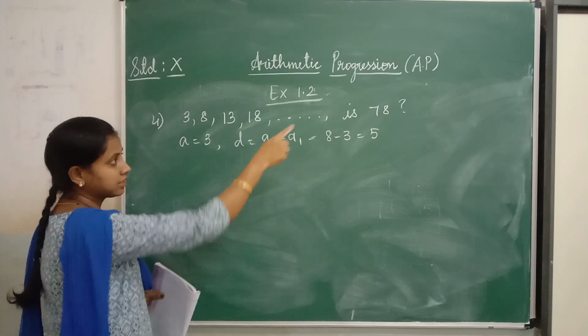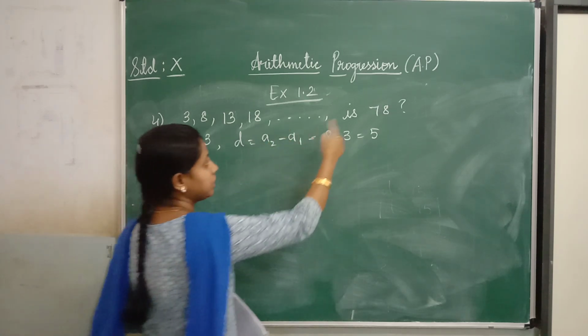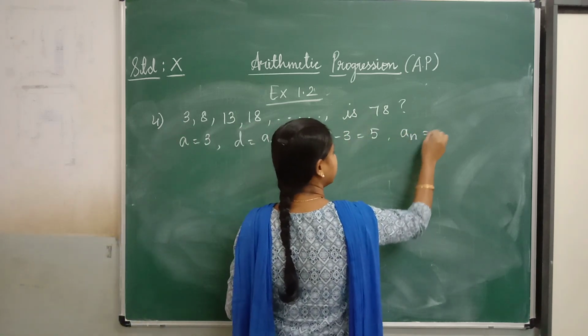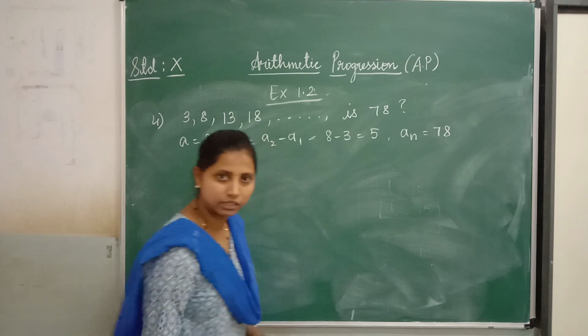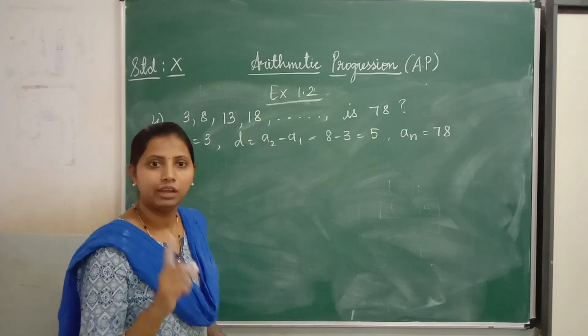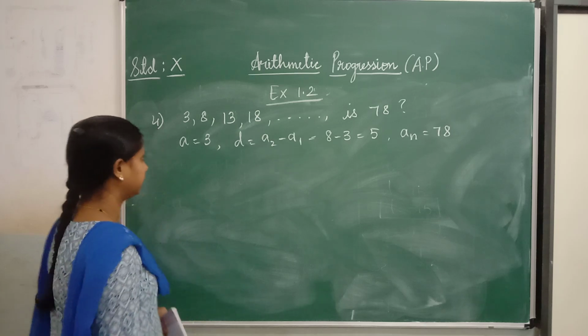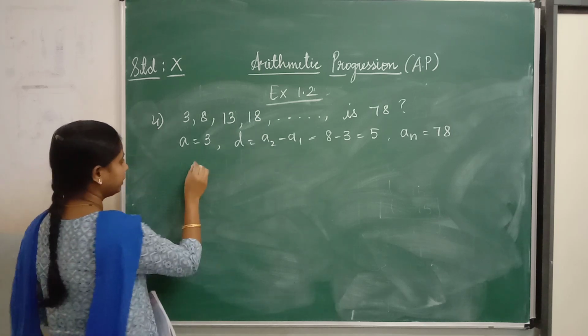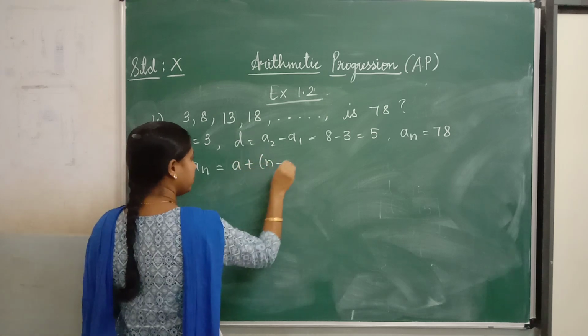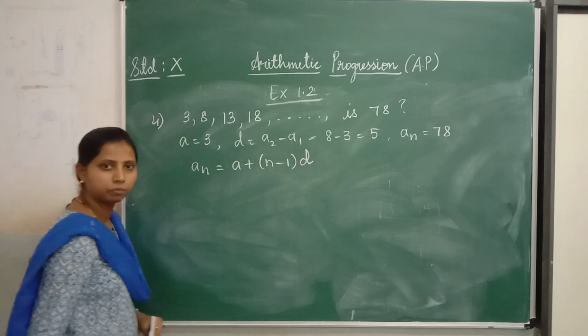Now which term is 78, you have to find. So take this as nth term. Nth term is 78. Which term is 78? So you have to find n. Write the nth term of the AP. An equals a plus n minus 1 into d.